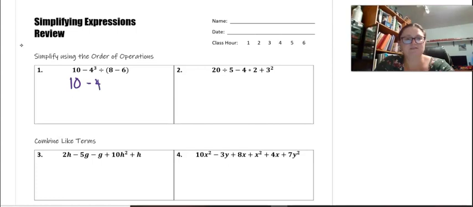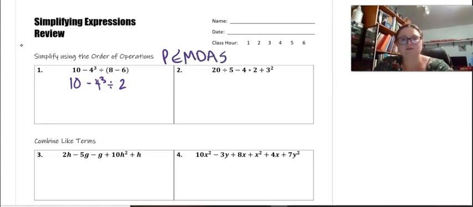So we'll leave this 4 to the third divided by 8 minus 6, which is 2. Next we should do exponents. Oh, and remember when we're doing order of operations, that's PEMDAS. Although technically you should always use order of operations when you simplify.